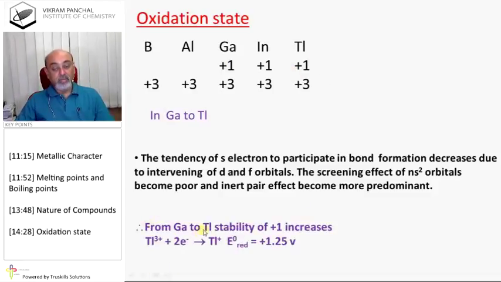So from gallium to thallium the stability of +1 increases, and this is evident over here. Thallium +3 accepting 2 electrons gets reduced to thallium +1, and the standard reduction potential is +1.25 volt.